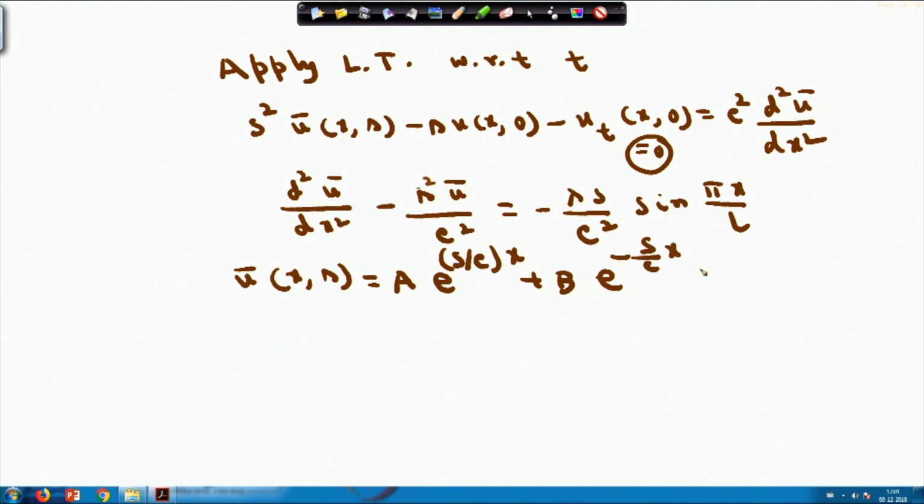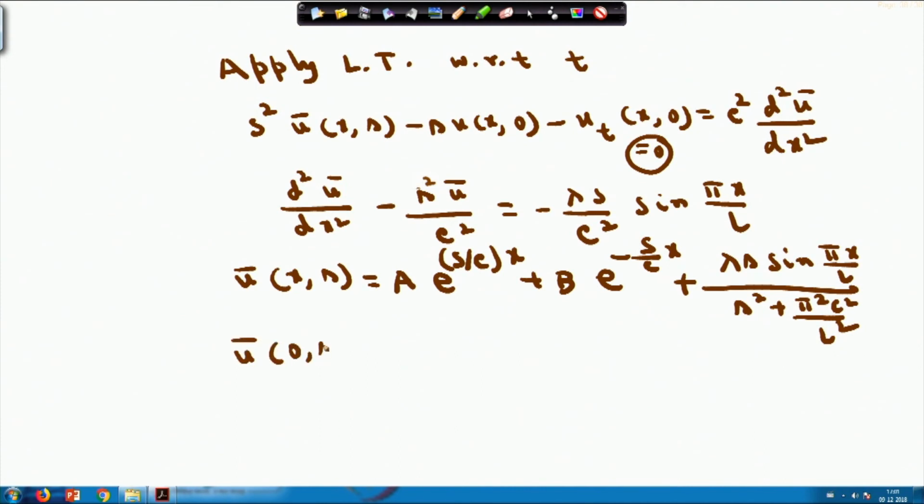This is the complementary function part, and the particular integral part will be lambda s sin(pi x by L) divided by (s² plus pi² c²/L²). Now, from the Laplace transform of the boundary conditions, you can write ū(0,s) equals ū(L,s) equals 0.